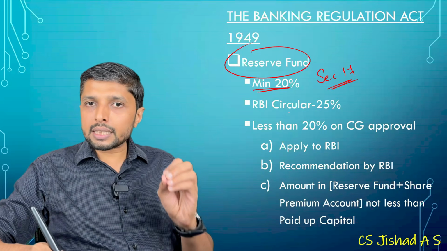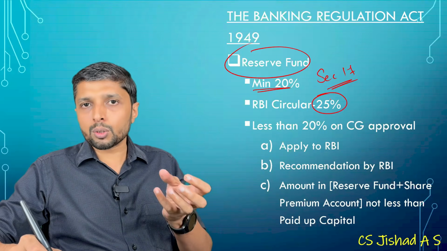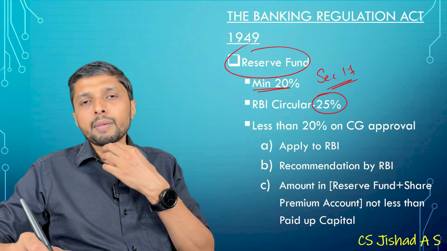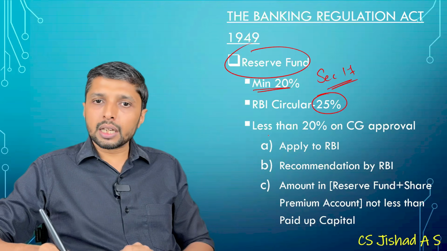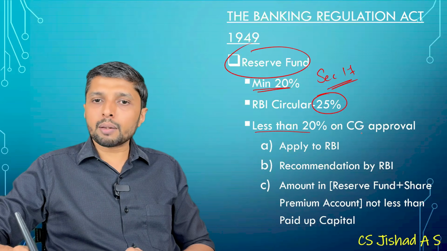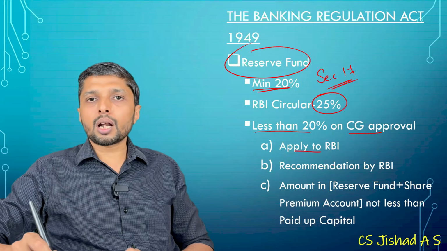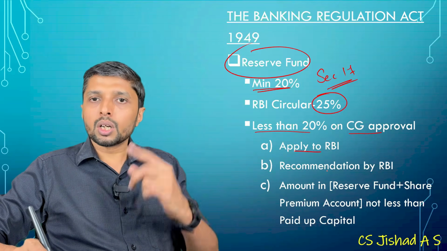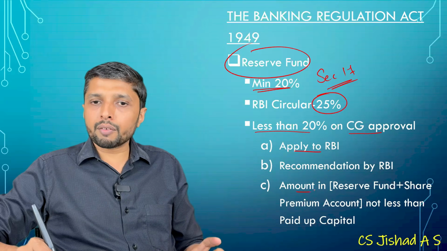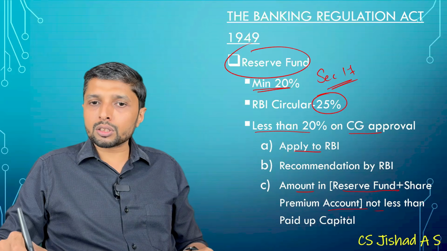RBI via its circular has specified 25% and has requested all the banks to transfer 25%. If any bank is proposing to transfer less, they can do so with central government approval. They can make an application to RBI, RBI will recommend to the central government, and the central government will approve only if the amount in the reserve fund and share premium account is not less than paid up capital.